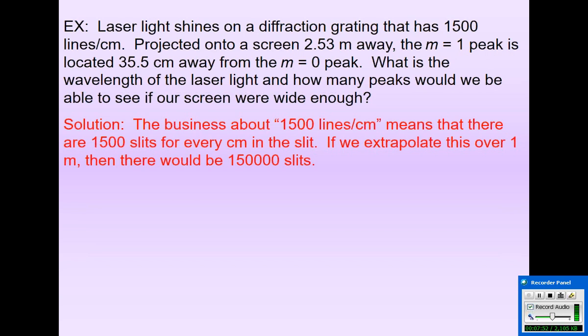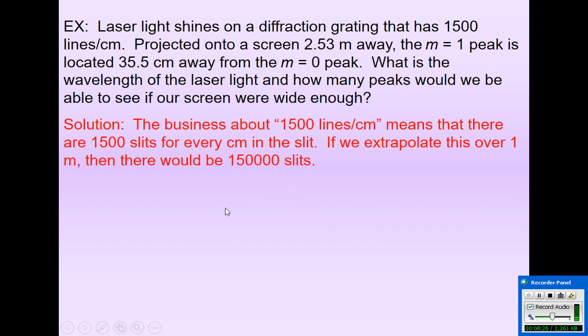What does this 1,500 lines per centimeter mean? It's equivalent to stating that there are 1,500 slits in just a single centimeter. These slits are extremely finely separated from each other. I want to do this in standard units. If there are 1,500 slits per centimeter, then there are 150,000 slits per meter, or 150,000 lines per meter.